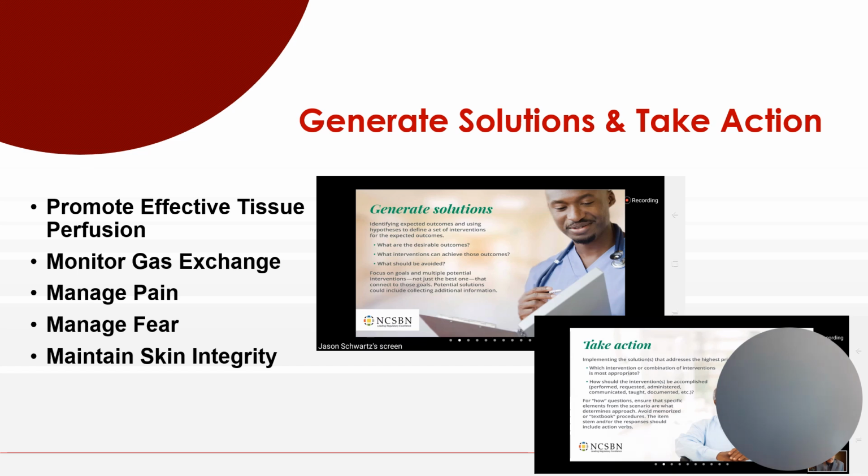Next step in our clinical judgment model is to generate solutions and then take action. As we generate solutions, we know that we need to promote effective tissue perfusion. We need to monitor the client's gas exchange, manage their pain and their fear. They're going to be extremely anxious, and maintain skin integrity.